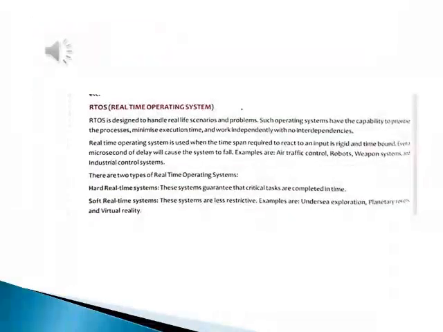Okay. Let's talk about the distributed operating system. A distributed operating system generally works on a networking system. That networking system means more than one computer are interconnected with each other and controlled by a single server. So a distributed operating system runs on a set of computers located in different geographical areas and interconnected by a network.